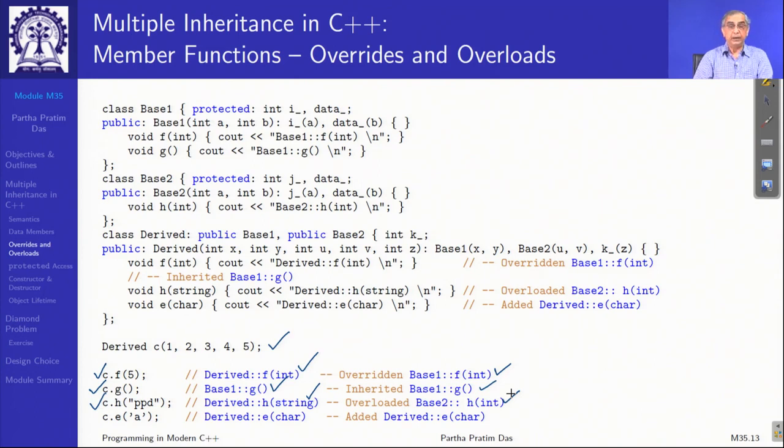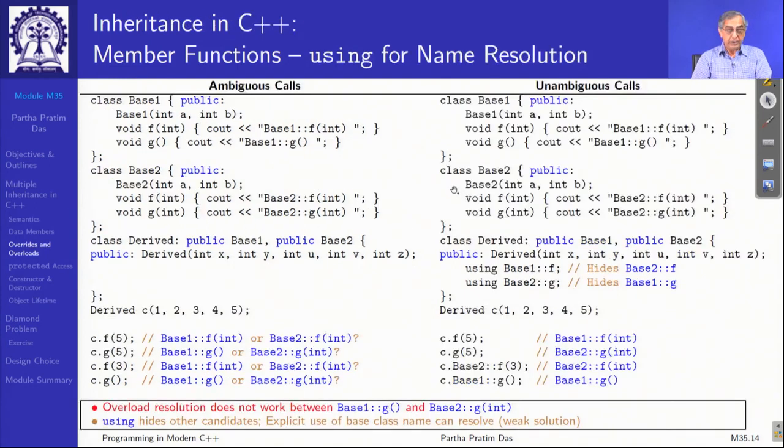We will soon see the using feature, and naturally the added member function can always be invoked. So, this is the basic extension of the simple rules that we had earlier, and we can make use of them to decide which function will be called on which different object.